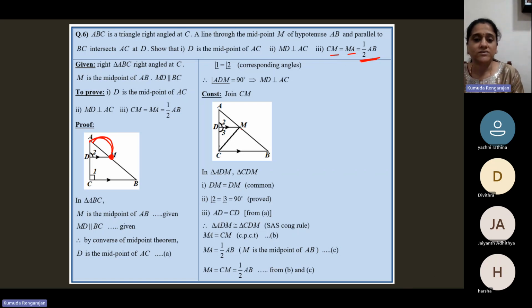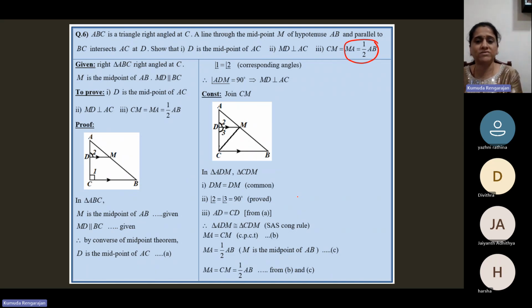See, midpoint M of hypotenuse AB. M is the midpoint. That means MA is equal to half of AB, and MB is also half of AB. So there's nothing to prove there. It's already given, meaning M is the midpoint of AB.